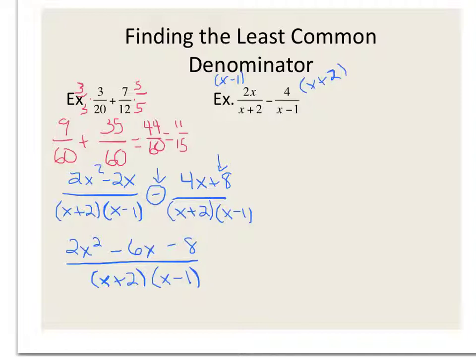Now let's see what I can do with the top here. First there's a greatest common factor, so I'm going to factor out the 2. And I get x squared minus 3x minus 4. Again, denominator stays the same.